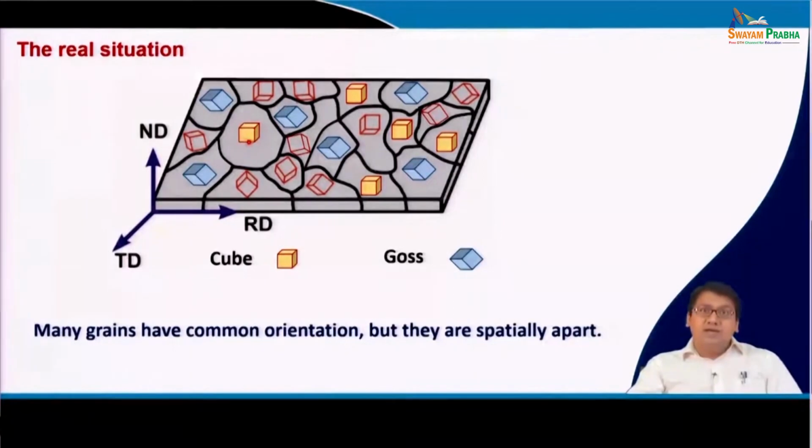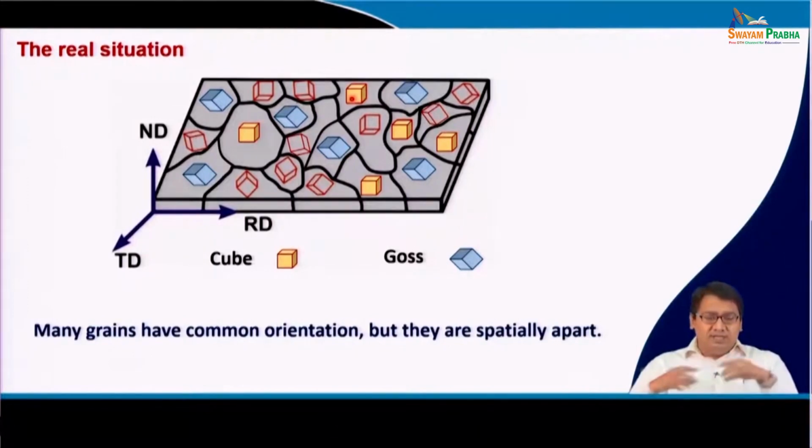I have marked them as colored by red and yellow, red border and yellow area, and you see these grains all have cube components, and therefore, they are cube texture. So, you see that if we look into this material, you will find a larger intensity of cube components when you observe the pole figure or any other tool of measuring texture, and therefore, there will be a peak in this particular texture component representing these grains, right.